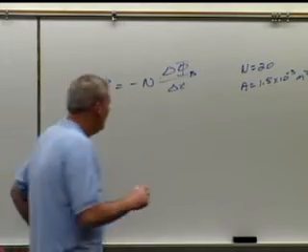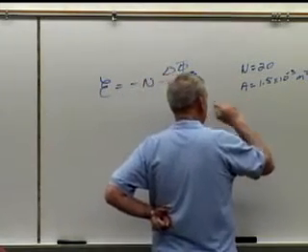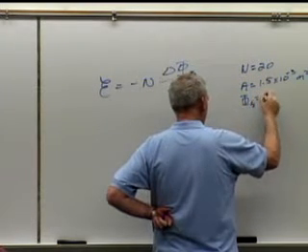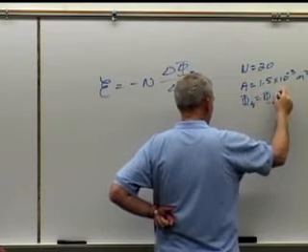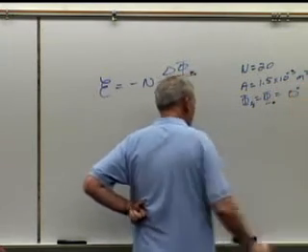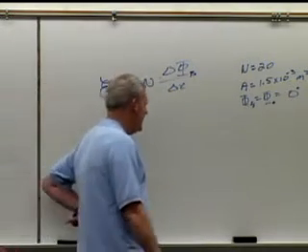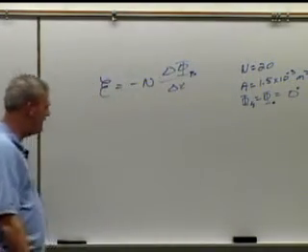So theta final equals theta initial, which is going to equal 0 degrees. So our change in the cosine is going to stay the same.